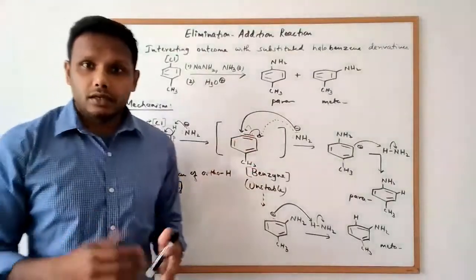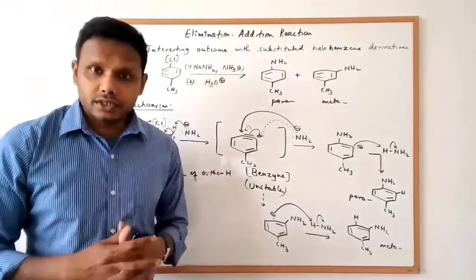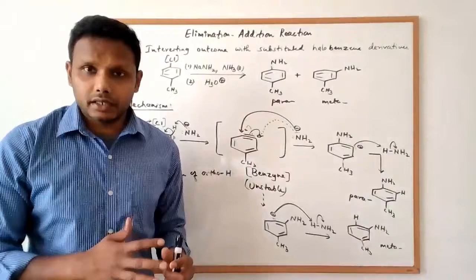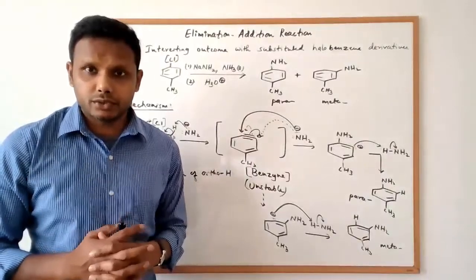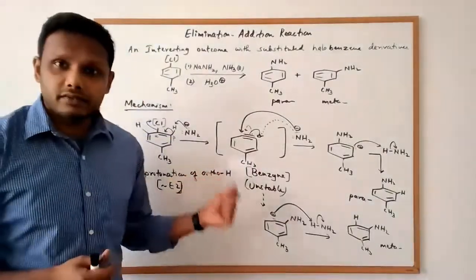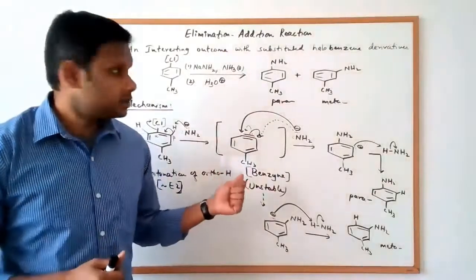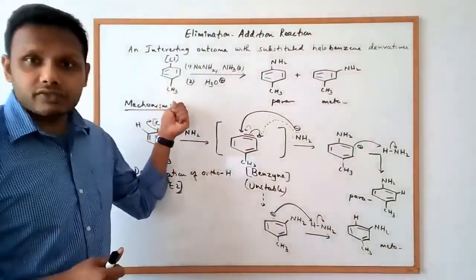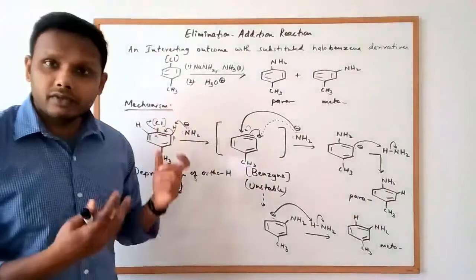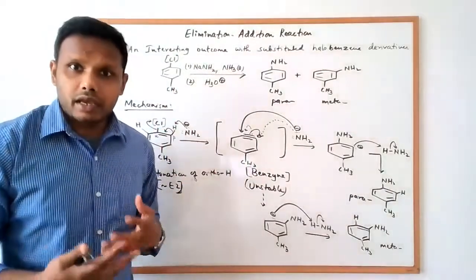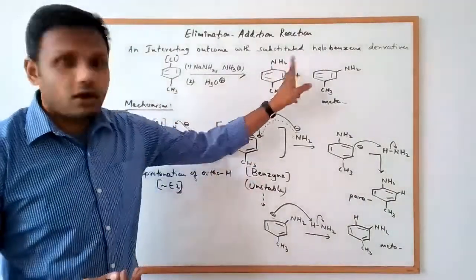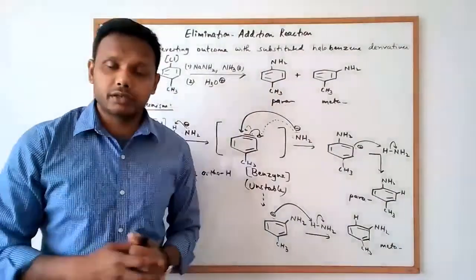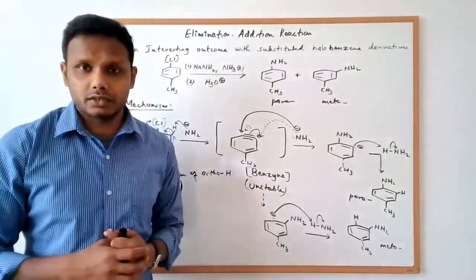So that's the mechanism of an elimination-addition reaction. Unlike the nucleophilic aromatic substitution reaction, what clearly differentiates this reaction is the absence of an electron withdrawing group. So what we have here is an electron donating group and the possibility of two isomeric products under these conditions.